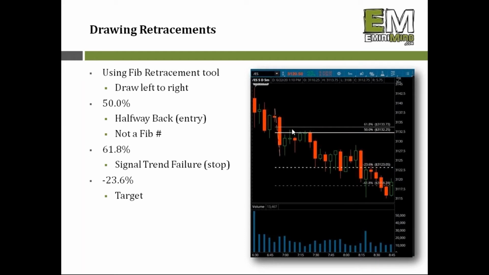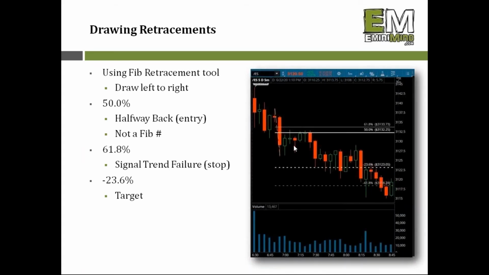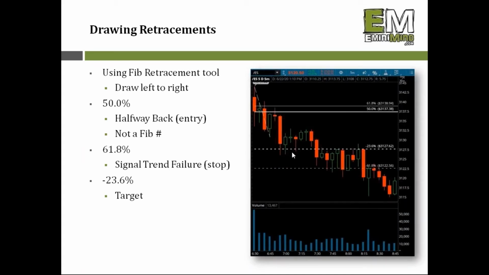But this way, if the market doesn't make a retracement to the 50, let's say it just dives off a cliff, you get in at the 50% and it just nosedives and it doesn't make a retracement to the next 50, well, you're in the trade.